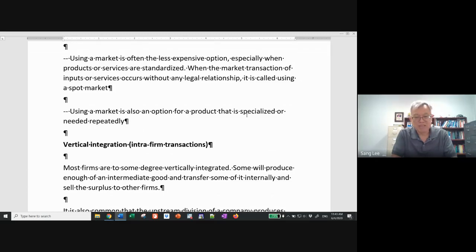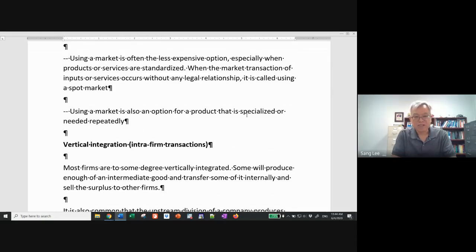So you really don't need to have any legal relationship or legally binding contract with another supplier. So we call this using a spot market. So whenever you use a spot market, it means you just go out and buy something that you need at any time.